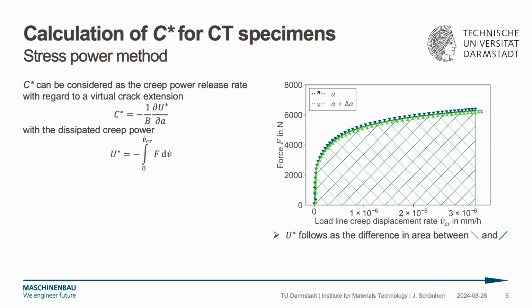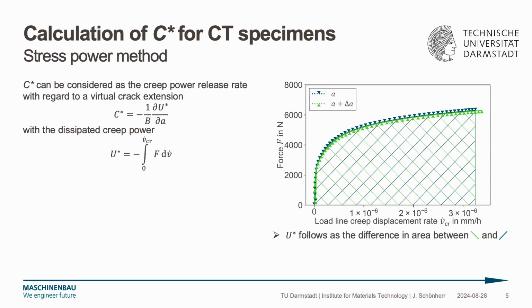Like for the J integral evaluation, where you can consider the difference in potential, if you have two different crack configurations, you can consider the difference in the stress power, which itself is more or less the time derivative.